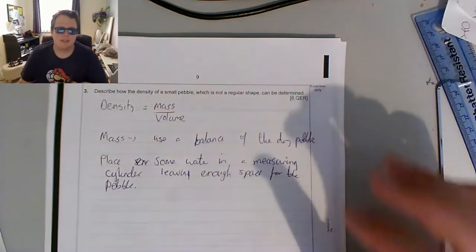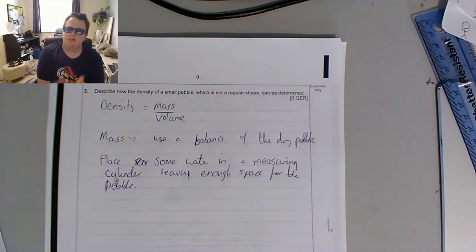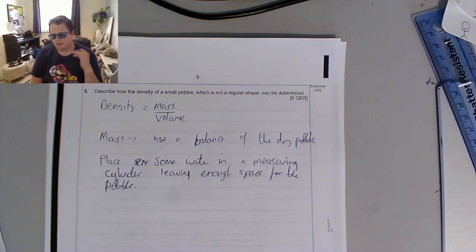A couple that I've seen people said fill the measuring cylinder. You're not going to fill it because that implies you put it all the way up to the top of the measurements. No room for the pebble then. So place some water in a measuring cylinder, leaving enough space for the pebble.